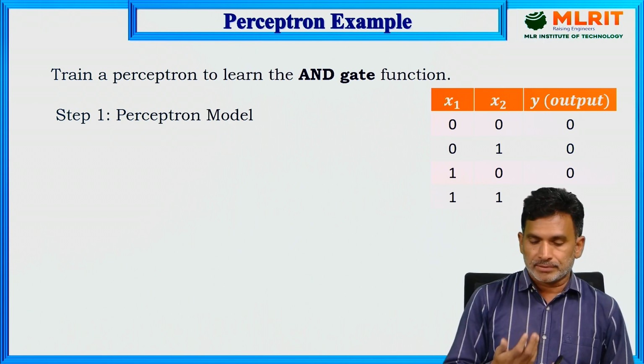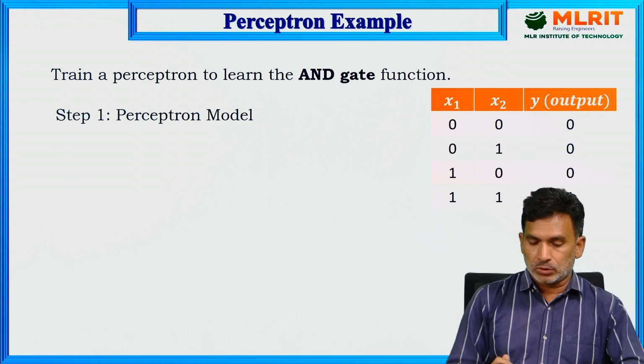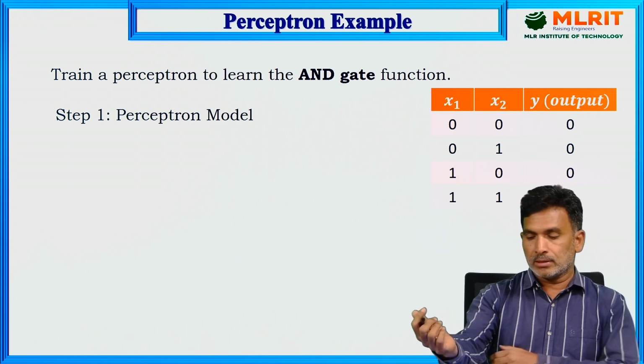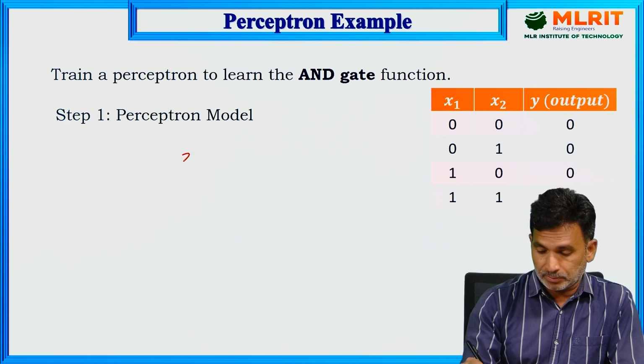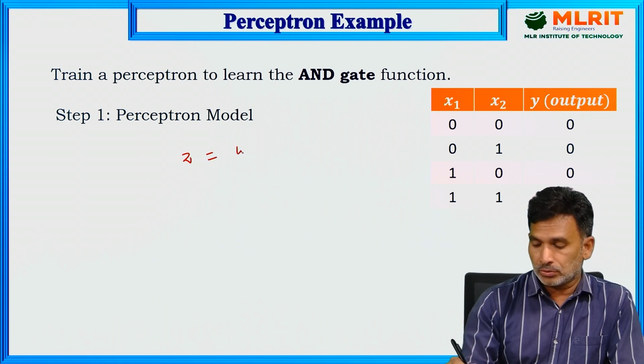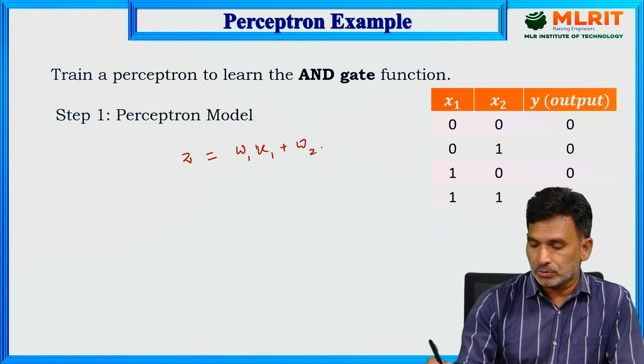The first step is the Perceptron model, which needs to be understood. What is the nonlinear activation function? Suppose G equals W1 X1 plus W2 X2 plus bias.